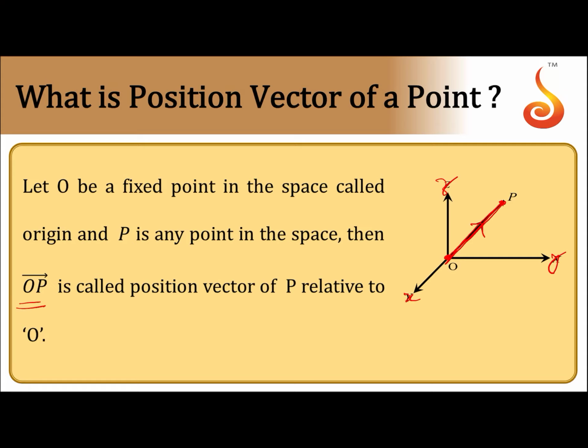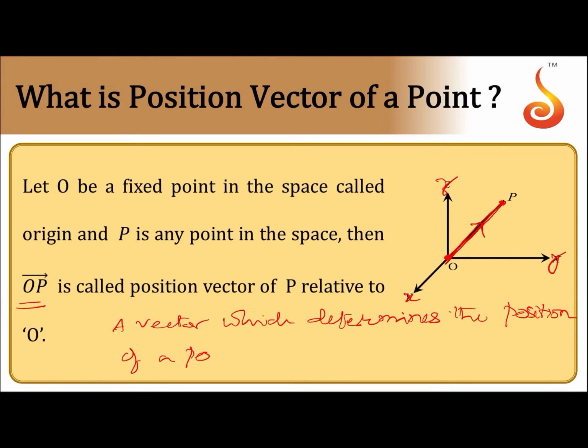In other words, we can also say that a vector which determines the position of a point in space is called a position vector.